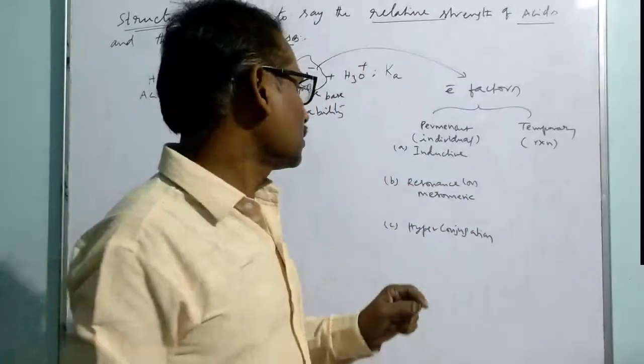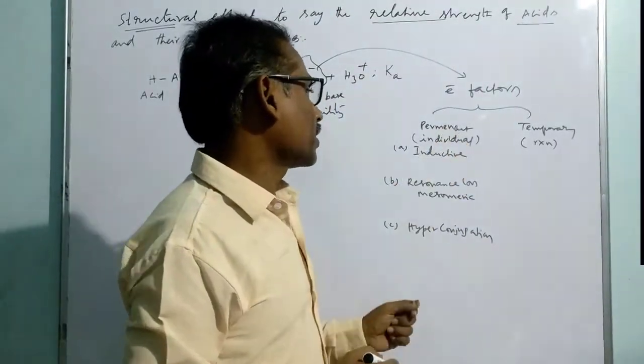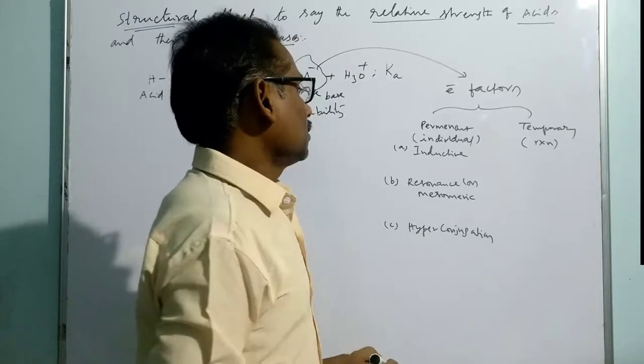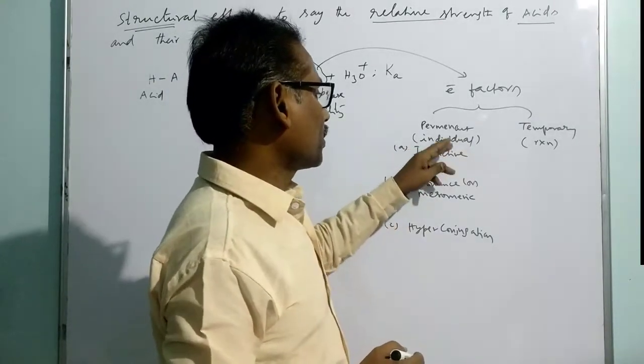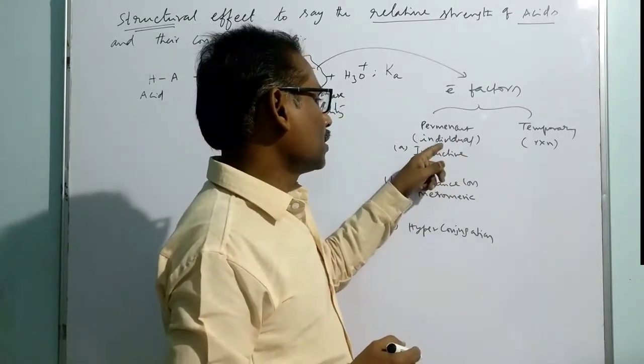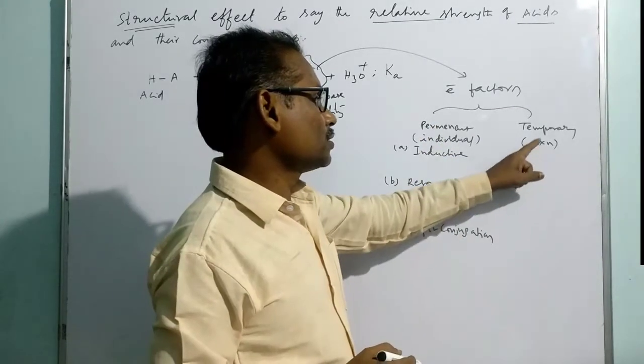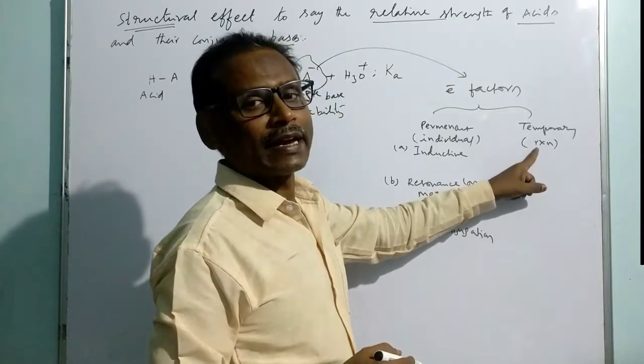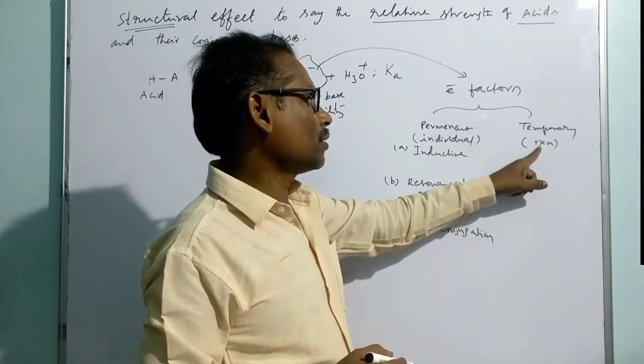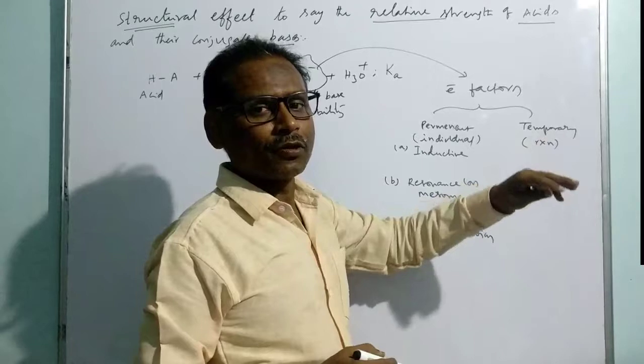That is considered in the case of permanent electronic effects. So the properties of that compound are also reported based on this structural aspect. But in the temporary case, it is studied only at the time of chemical reaction. So it is not permanent, and it does not happen for an individual molecule.